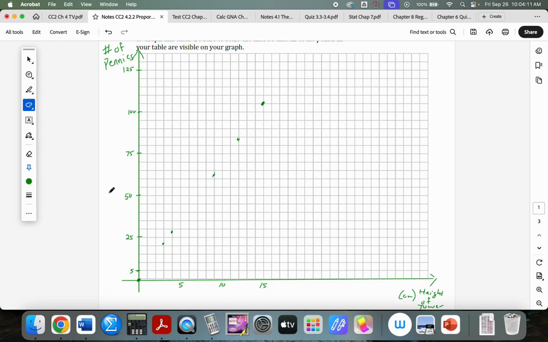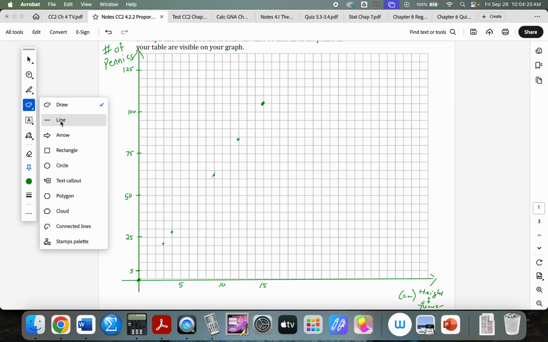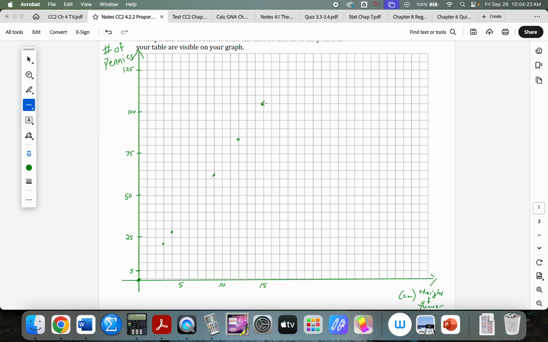So does that look like that's going to make a line? Not really? Oh, I didn't put that one on there.